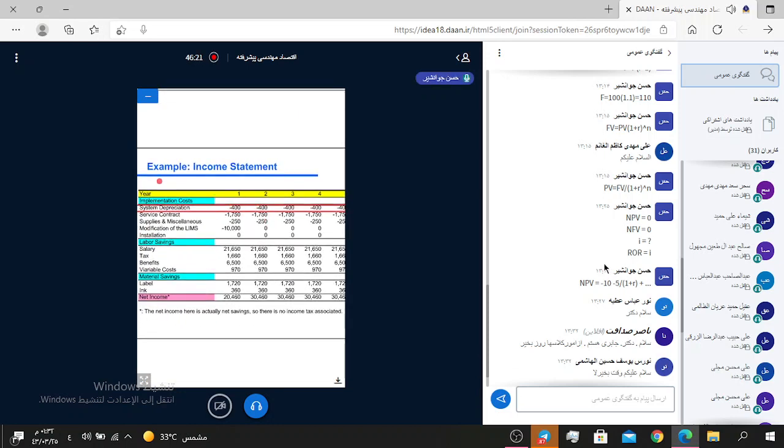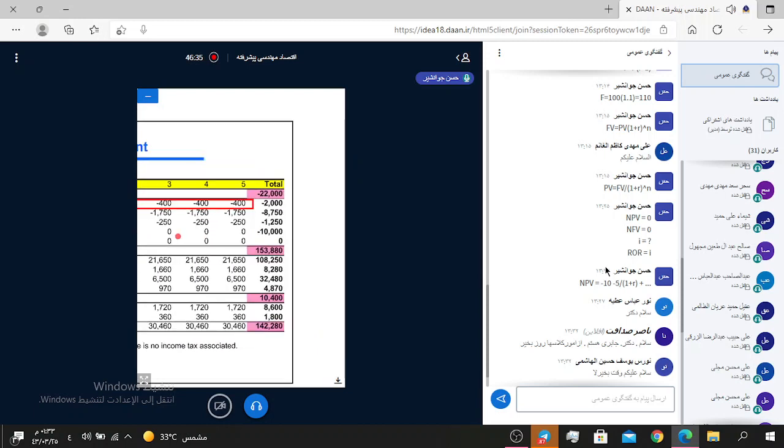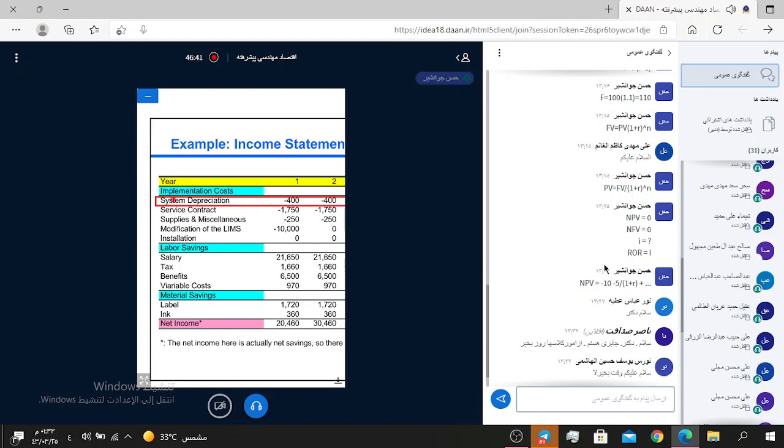For example, you can see an example income statement. In the top row, you can see year 1, 2, 3, etc., and total. Information of cost: system depreciation, service contract, supplies, modification, installation, labor saving.